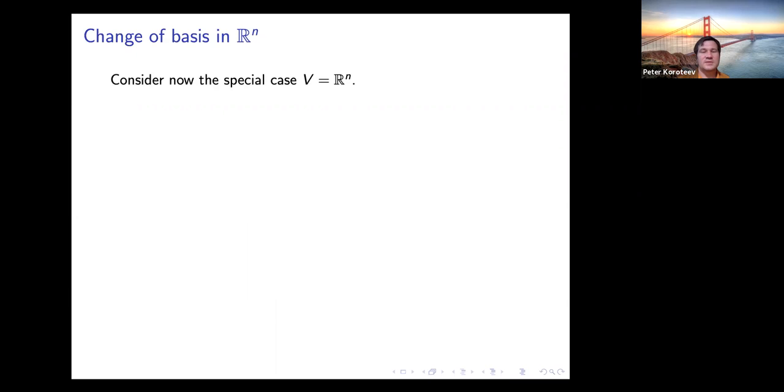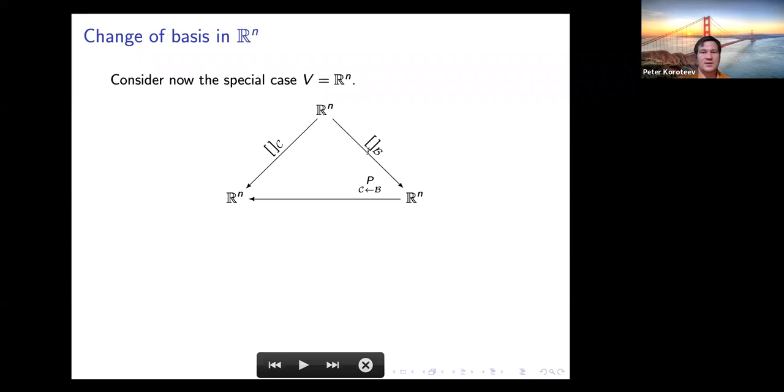Now consider the special case when the vector space is Rn. So now we have a triangle where each vertex is Rn, and every leg is some matrix.